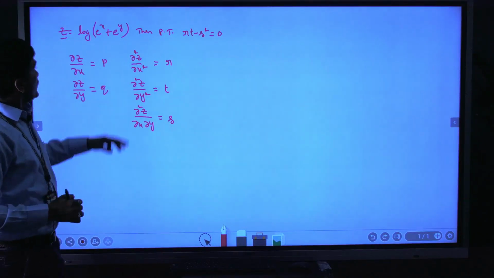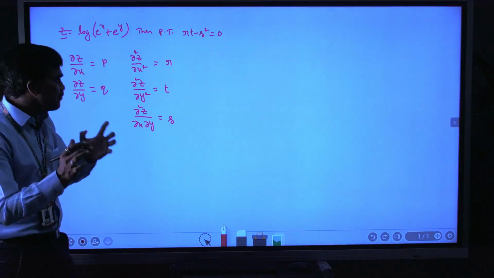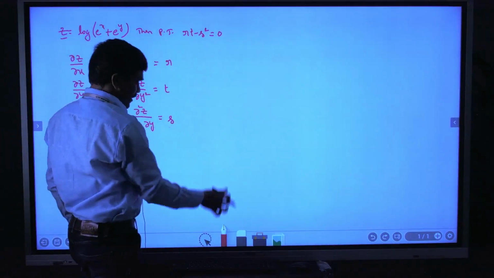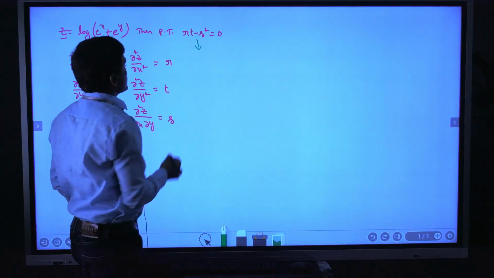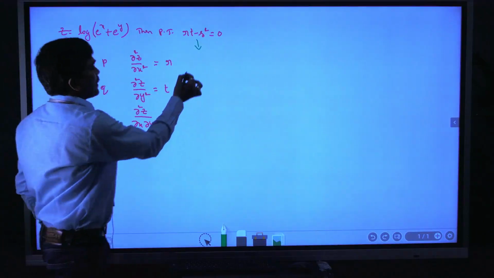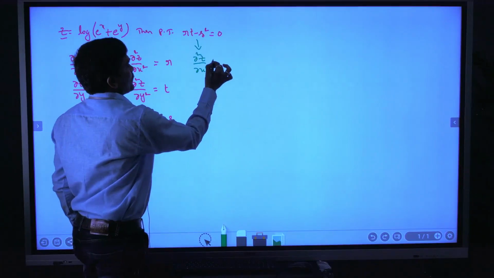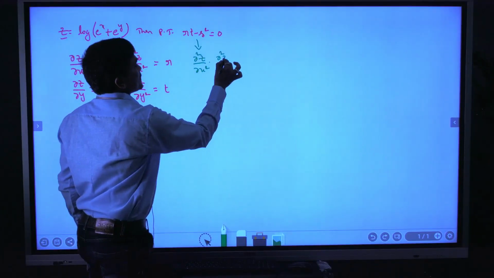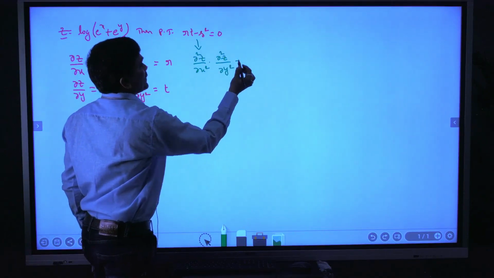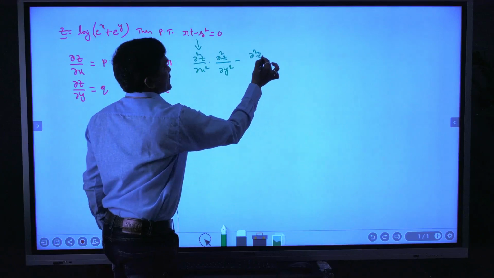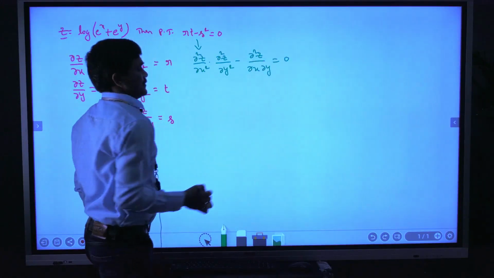Now prove that RT minus S square is equal to 0. That means dou square z by dou x square into dou square z by dou y square, minus dou square z by dou x dou y whole square, is equal to 0.